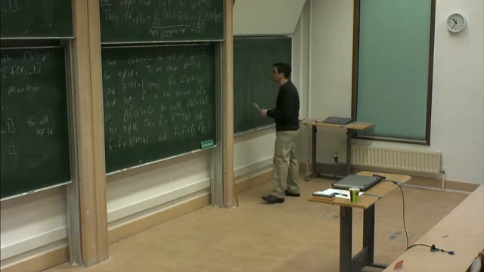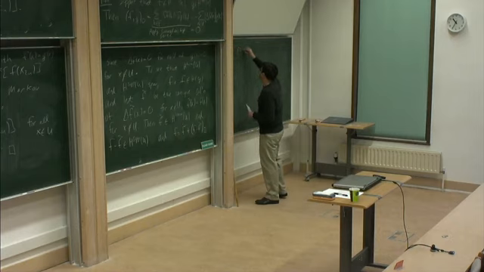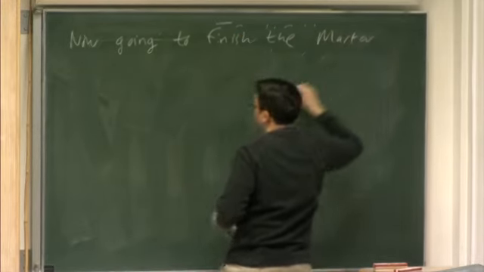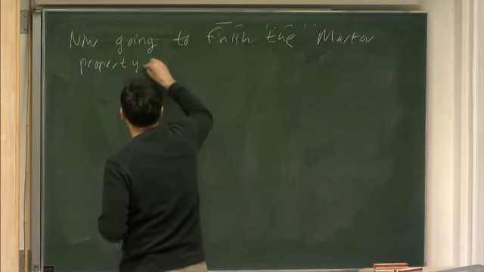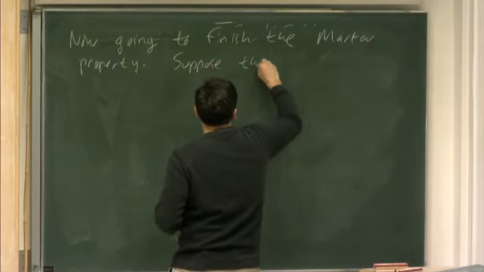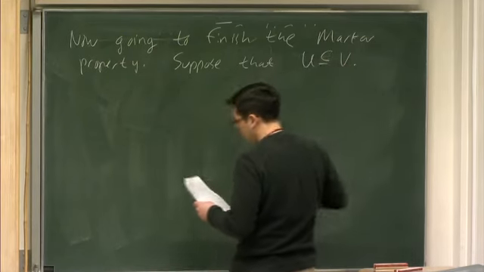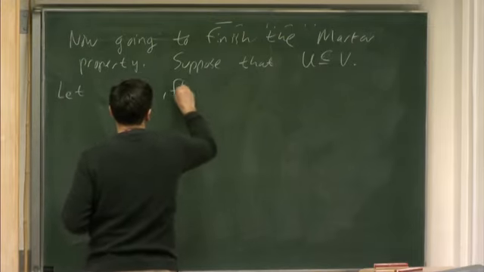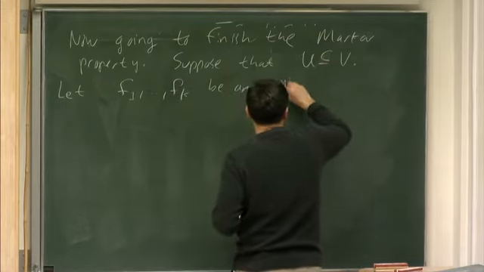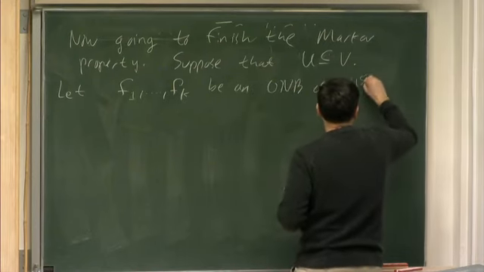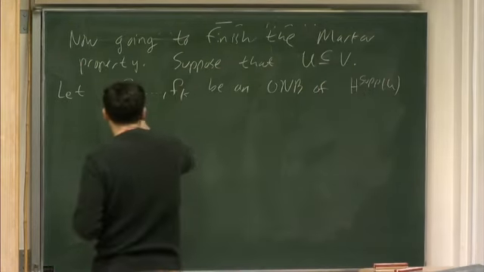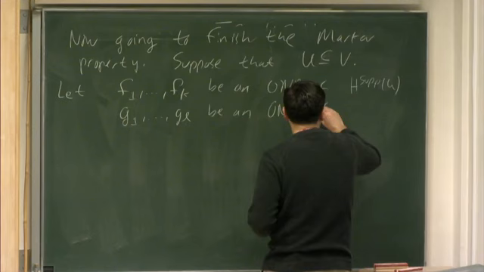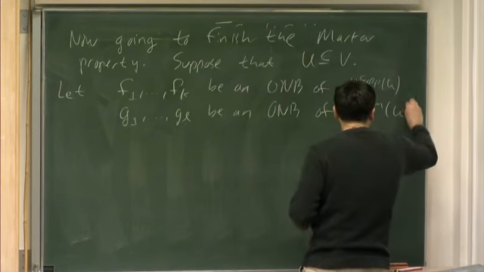So to do this, again, we're going to suppose that U is a subset of vertices in V. And then I'm going to let f1 up to fk be an orthonormal basis of h sup U, and I'm going to let g1 up to gl be an orthonormal basis of h harm U. Okay.